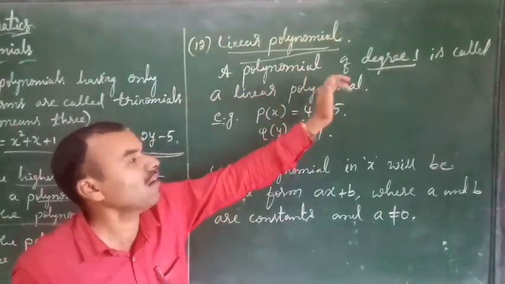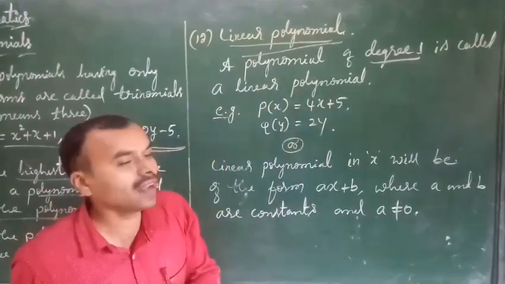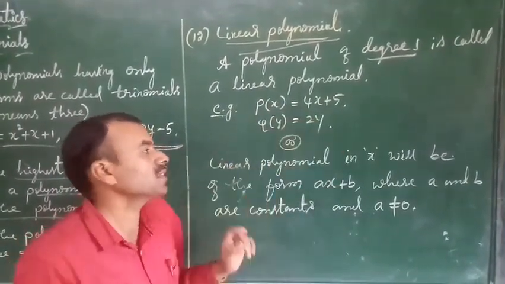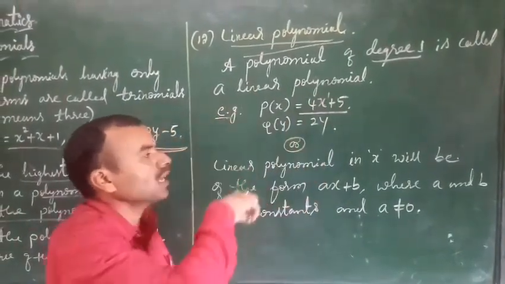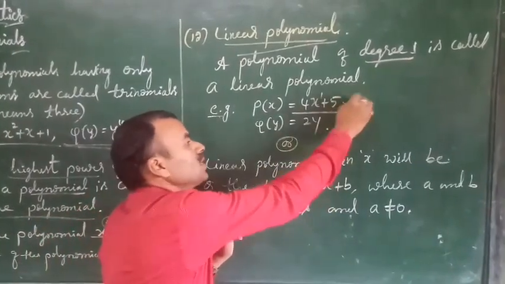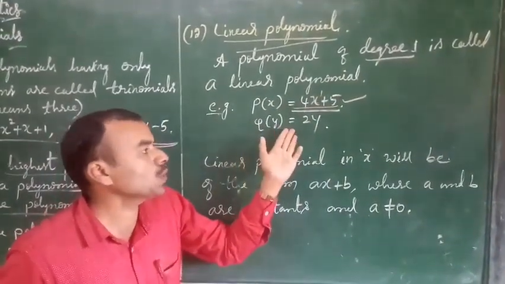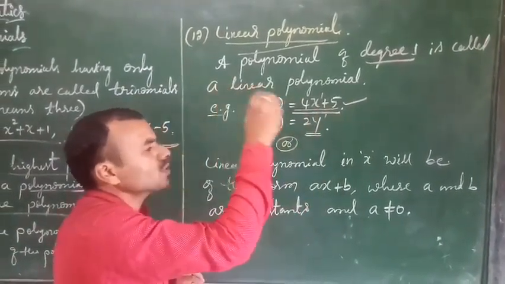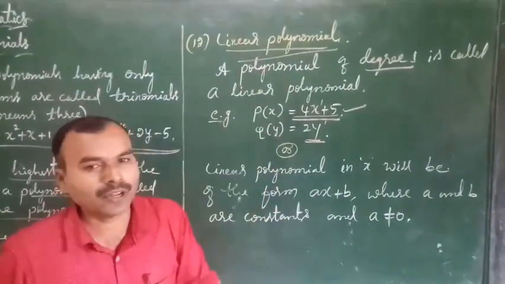For example, p of x equals 4x plus 5. Here the variable power is 1. Degree of the polynomial is 1, so it is a linear polynomial. Q of y equals 2y. Here the variable y, its power is 1, so it is degree 1, so it is a linear polynomial.